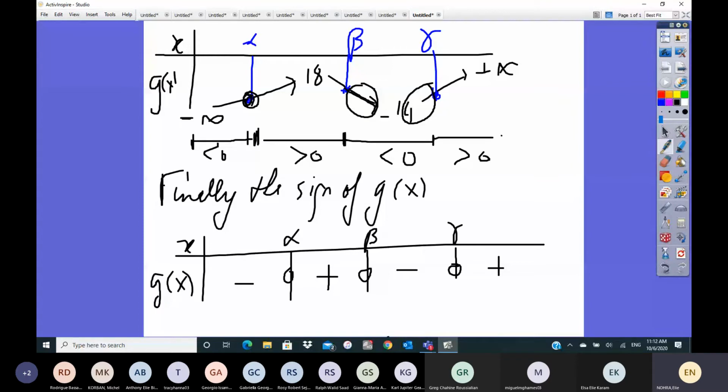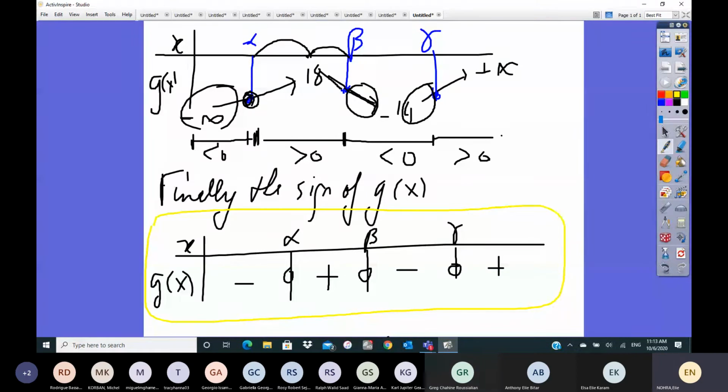Between this point and beta, decreasing but still positive. So sir, the graph is rising but in the negative part. Yes. This is the final answer I want to see. Of course, you can't just copy it. I have to see the explanations as well.